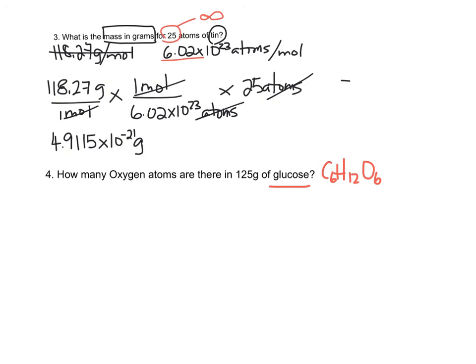So the molar mass, once you calculate it, is 180.18 grams per mole. The substance we're talking about, glucose, is a covalently bonded molecule. So Avogadro's number is in molecules.